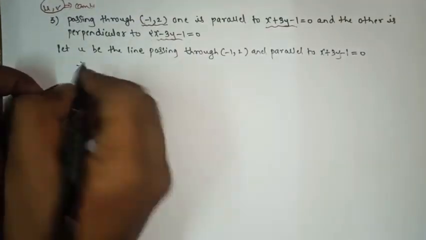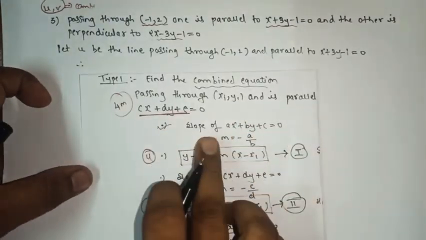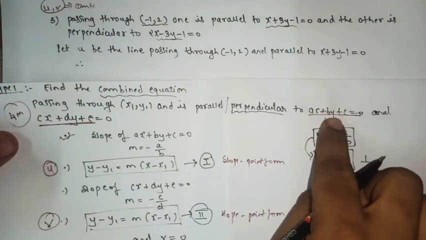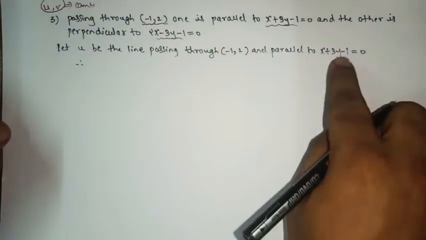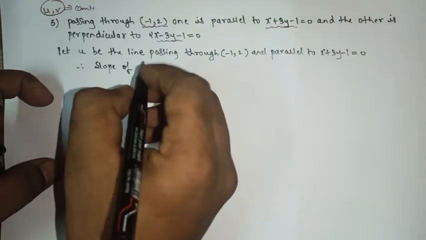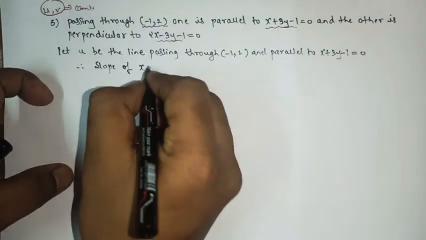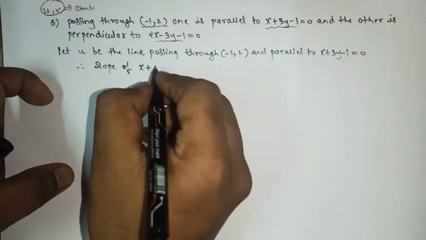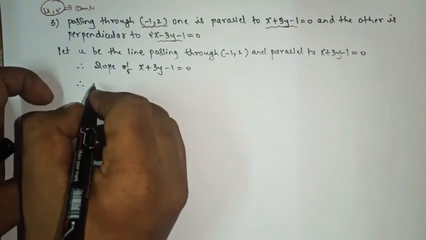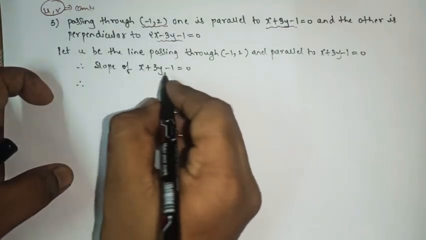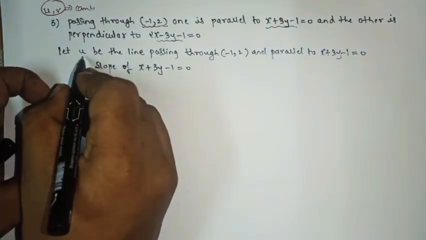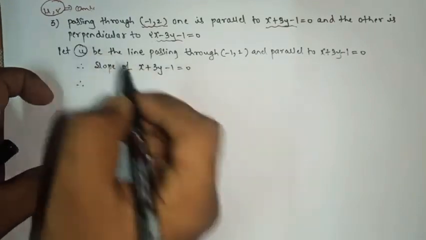So now, according to the step, we have to find the slope of the first one, yes or no? The slope of x + 3y - 1 = 0. When you find the slope of this line, that will be the slope for this equation, that means for this u.